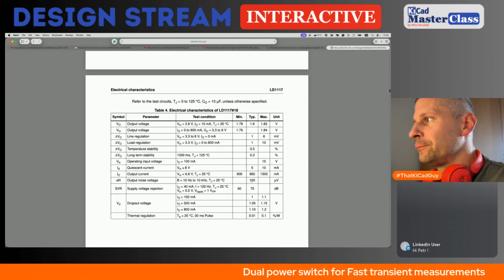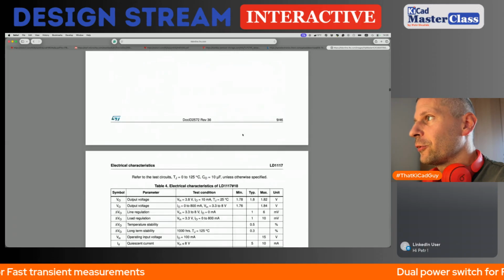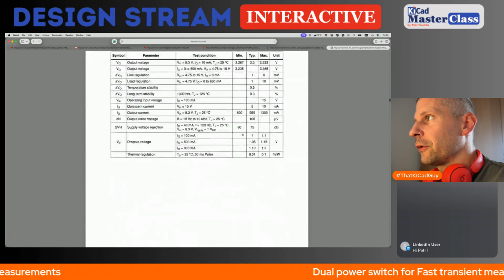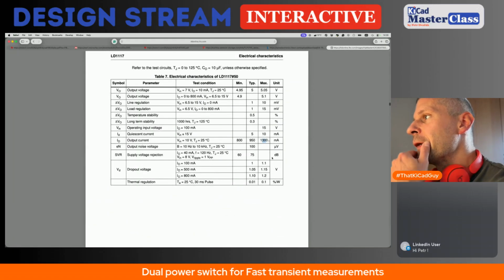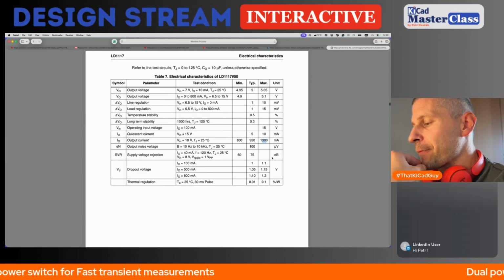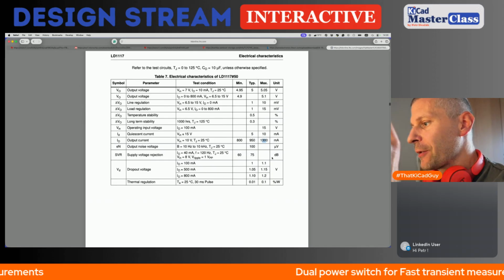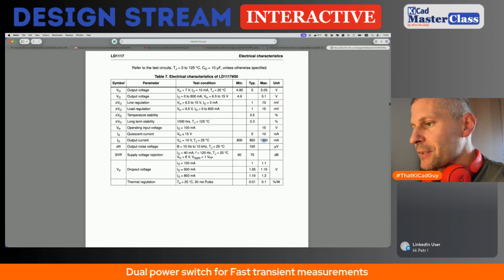Ideally, we have to find the 5 volt version. 2.5, 3.3, 5 volt, yeah, the same. I will place there a battery of capacitors to cover the very narrow current peaks, and I will stick with this LDO.